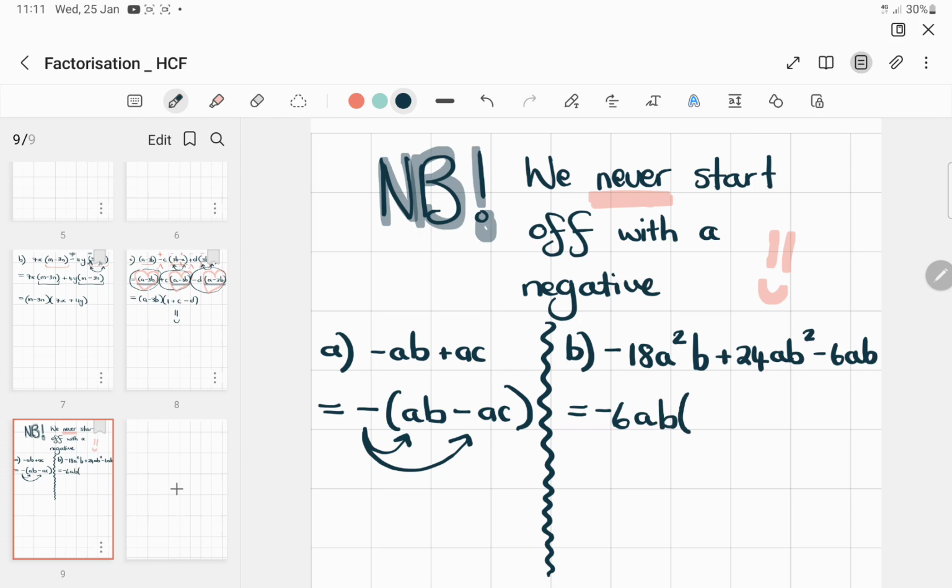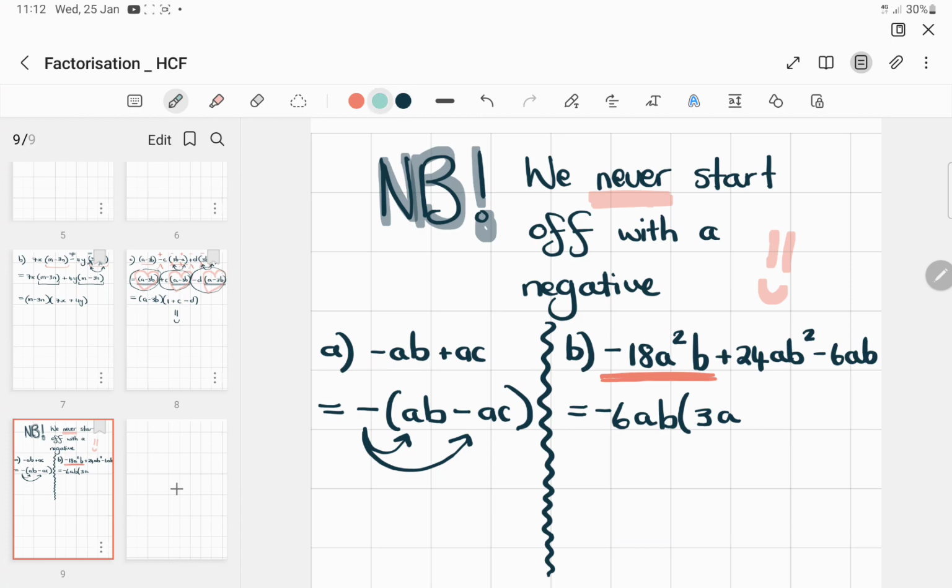Then what is left? So if I'm going to divide the first term with what I've taken out, I'll be left with a negative times a negative is a positive. 18 divided by 6 is 3. Then a squared divided by a is a, and the b and the b will cancel out.